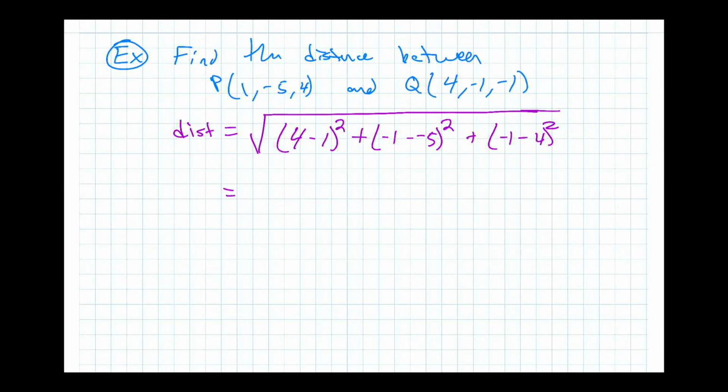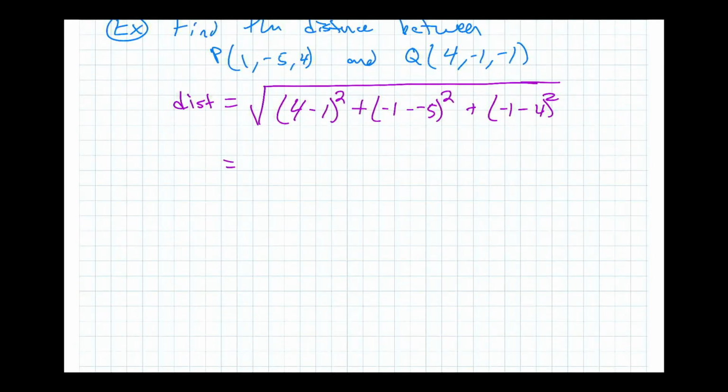Because those calculators just make it a lot easier to type this in. So we will go ahead and work this out by hand though. We have 3 squared plus -1 plus 5, which is 4 squared. Plus here -1 minus 4 is actually -5, right? But we're squaring it, so I know it's going to be positive, so I'm not going to write any negatives at all.